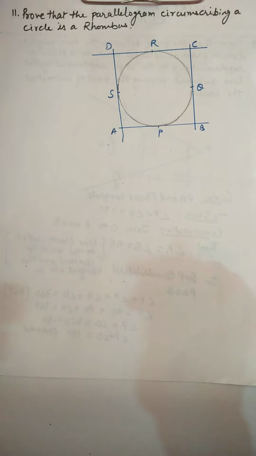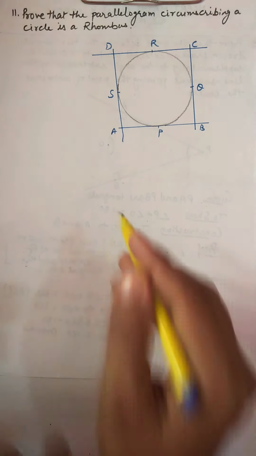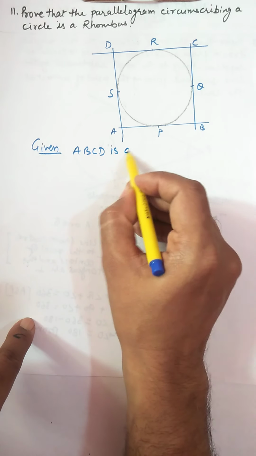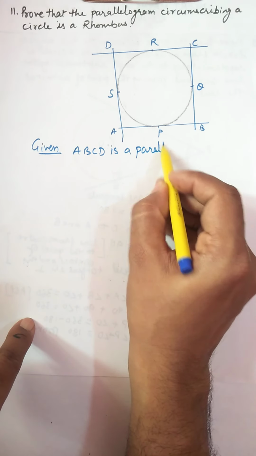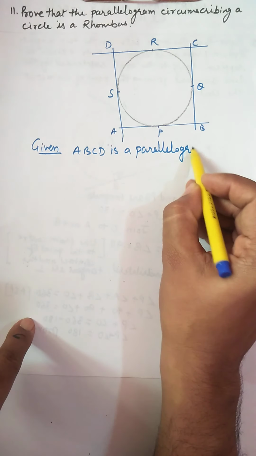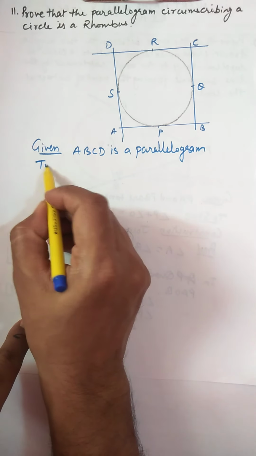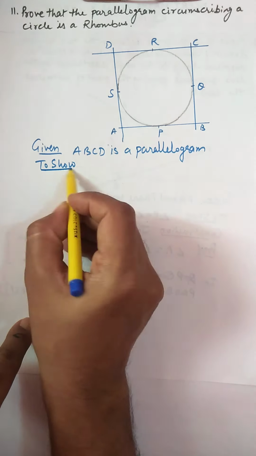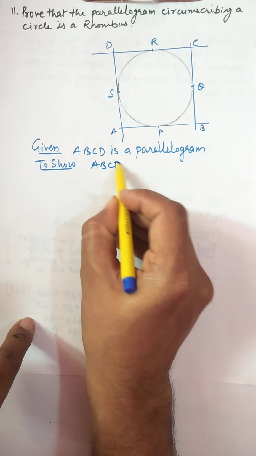Now we do the next question. Question number 11 is: prove that a parallelogram circumscribing a circle is a rhombus. In this question, it is given that ABCD is a parallelogram. You have to show that ABCD is a rhombus.